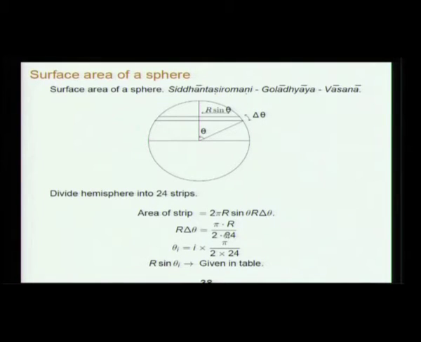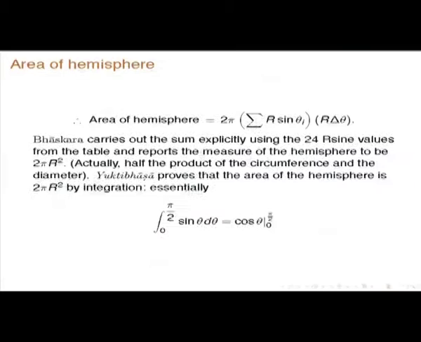So, now you have to essentially sum these areas for the hemisphere, right. At the ith level, r sin theta is the radius, okay. So you have to sum over all these strips, and this is the thing, and r delta theta.